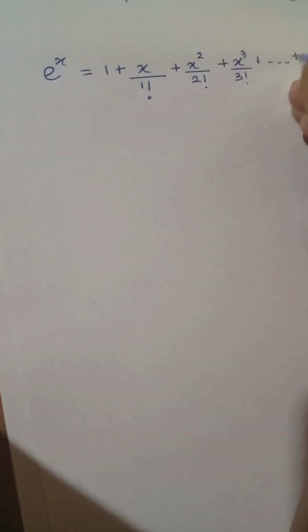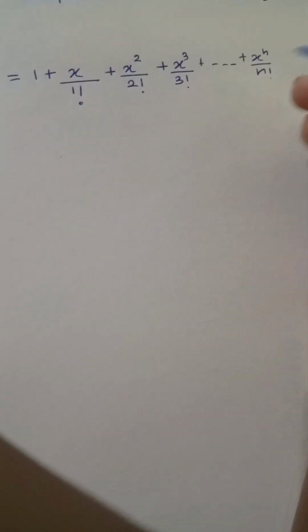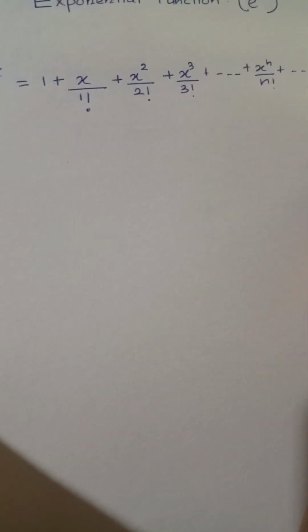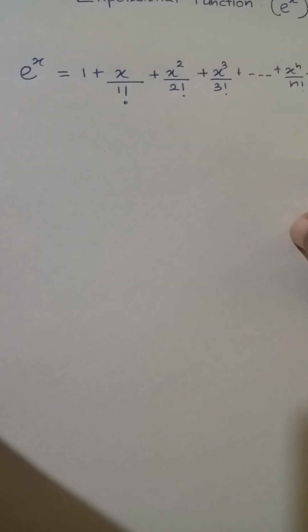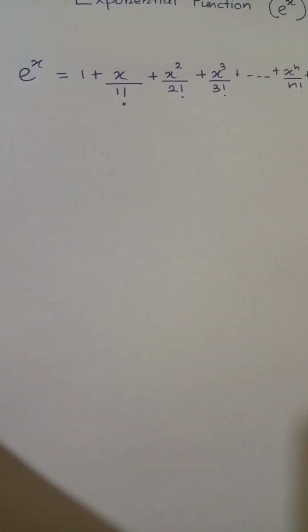Likewise, x to the power n over n factorial, and so on. e to the power x means an infinite polynomial series.